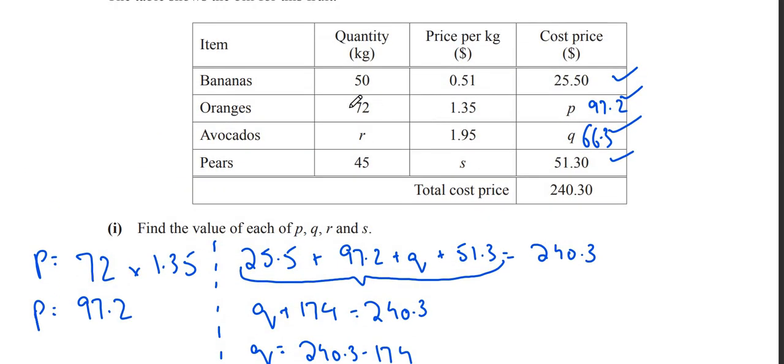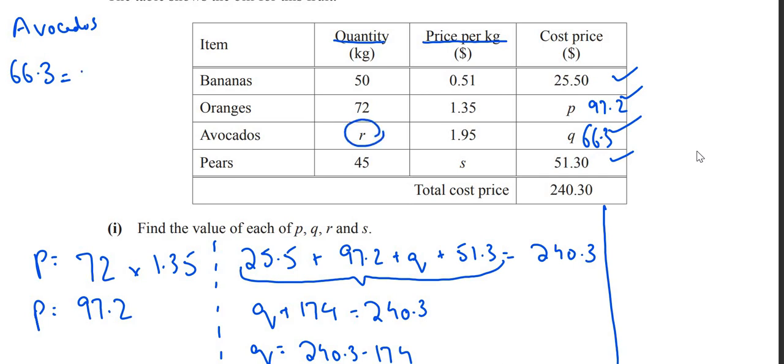Now we have to find the value of R. So look, what did I tell you guys? Total price, which is cost price, is equal to quantity multiplied by price per unit. So for the avocados, the total price is 66.3. How did we find this price? When we multiplied the quantity, which is R, with the price per kg, which is 1.95.